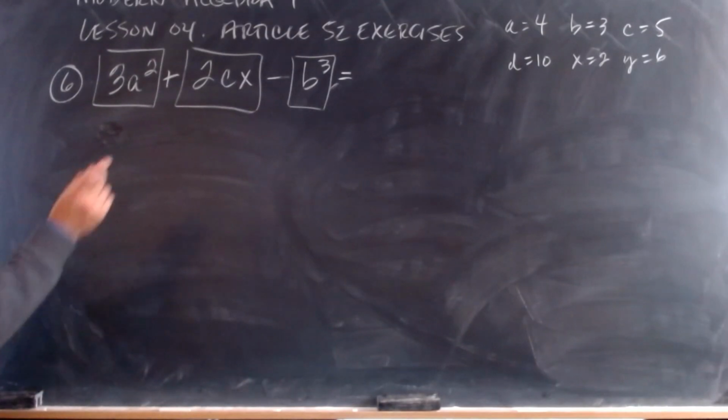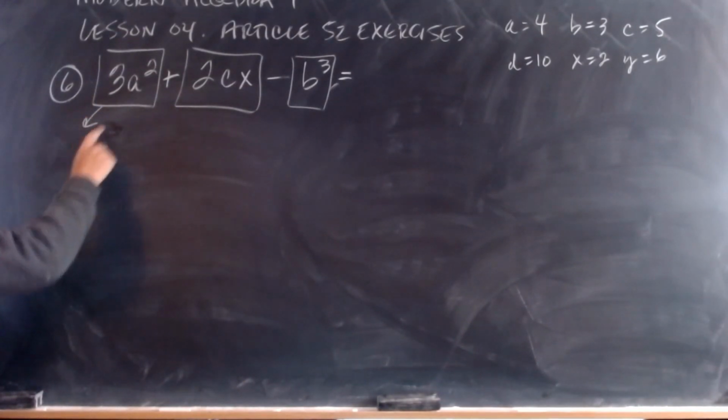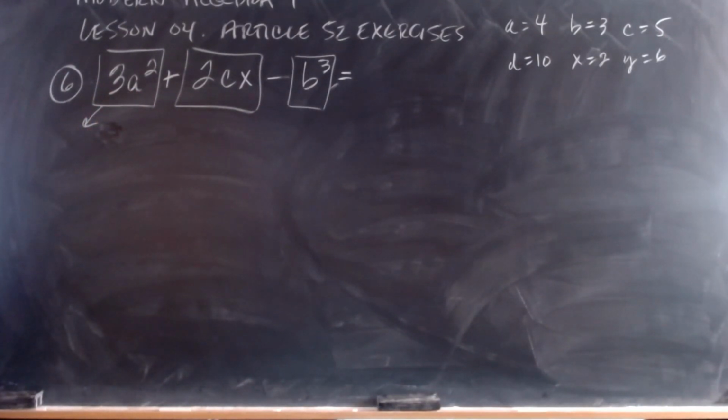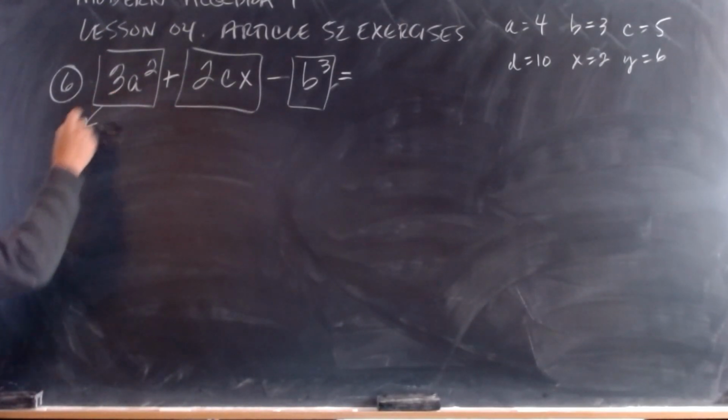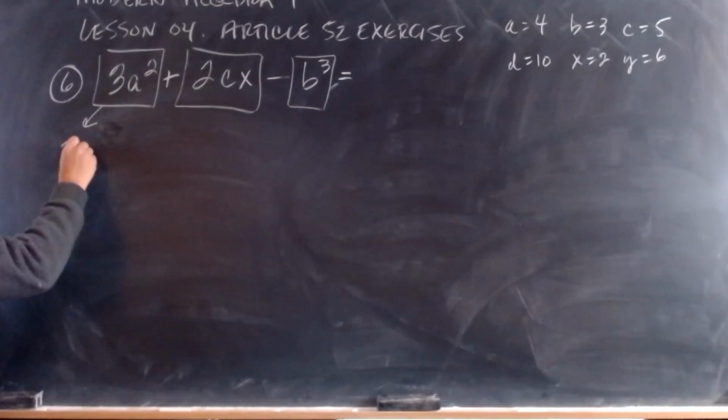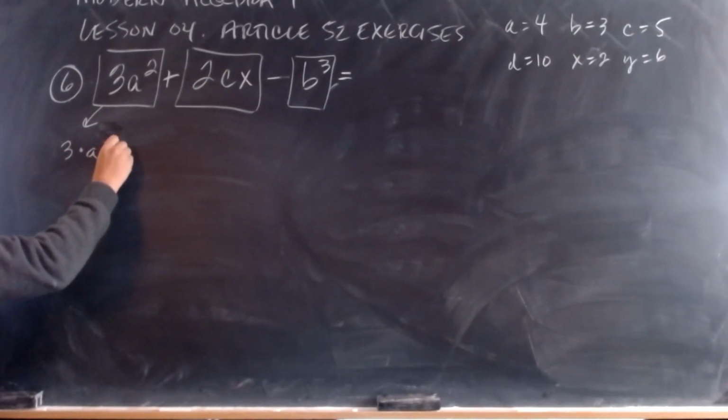So now let's go back over this. How do we read this term? 3 times a to the 2nd power. We can also say 3a squared. Right? What does that mean? What does a squared mean? A times itself. Good. So this is equal to 3 times a times a.